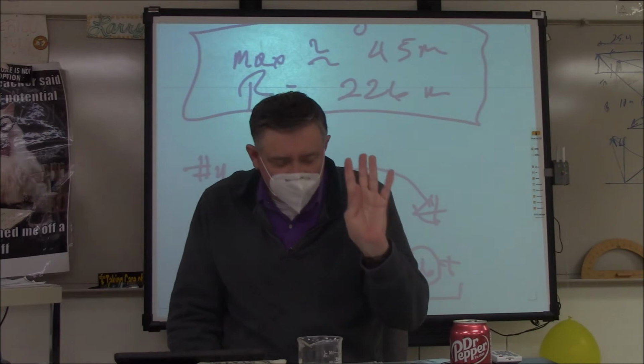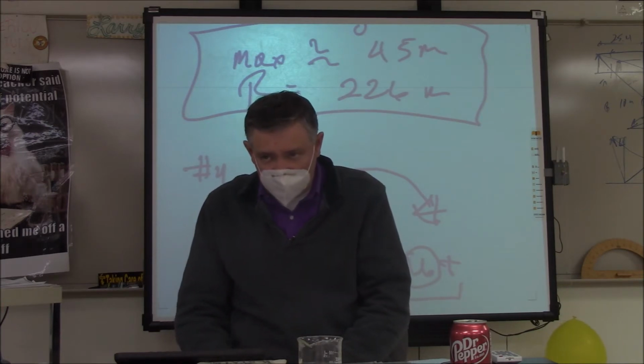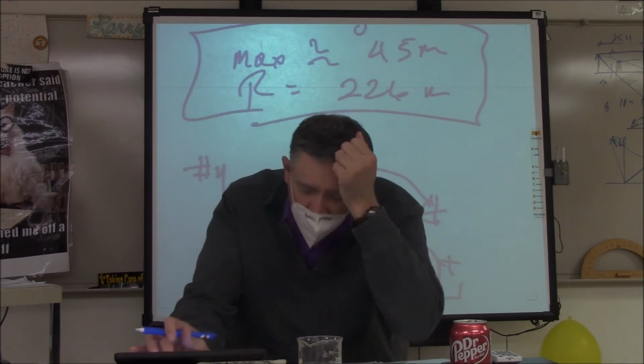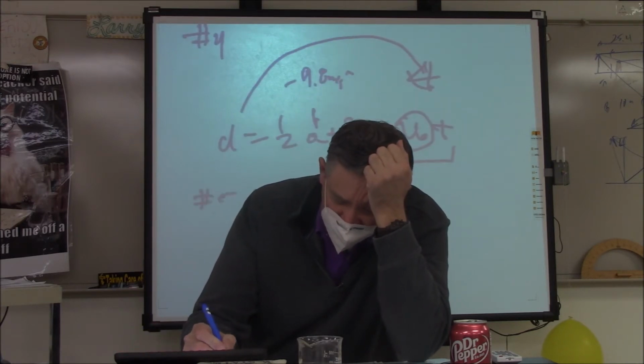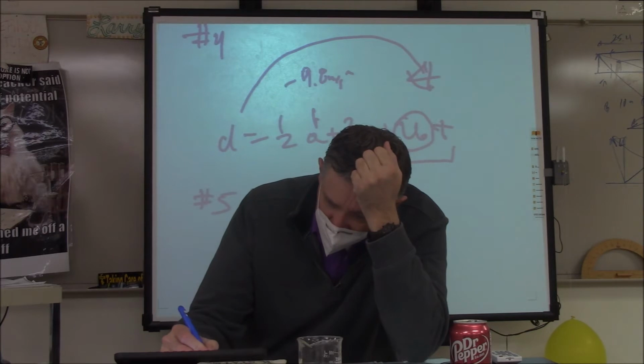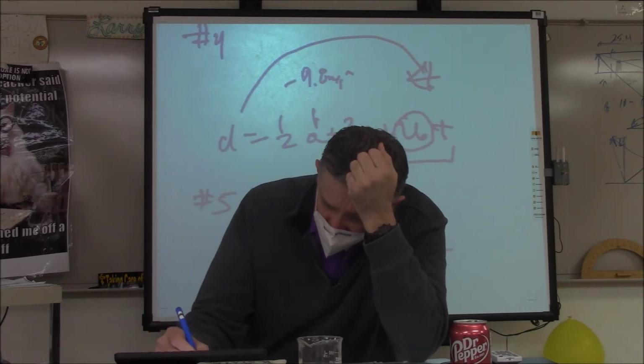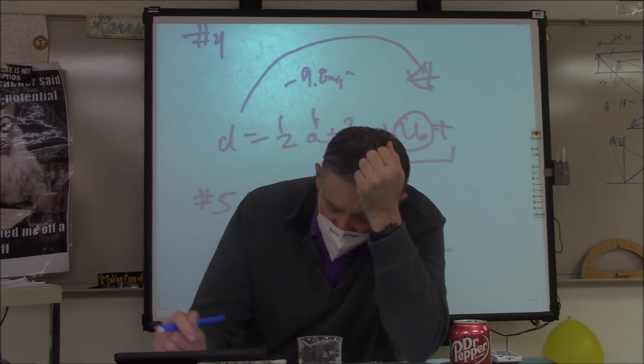So both of your answers to number 4 are going to be in the 30s. Now, when you get to number 5, Bubba's going to shoot this ball, and the wall is 220 meters away, and it's 2.4 meters tall.